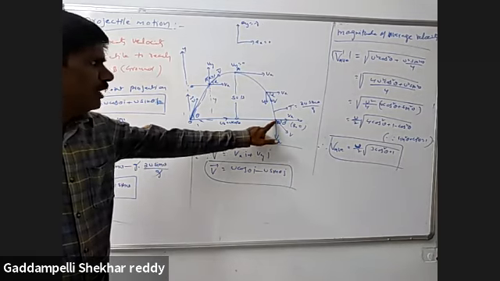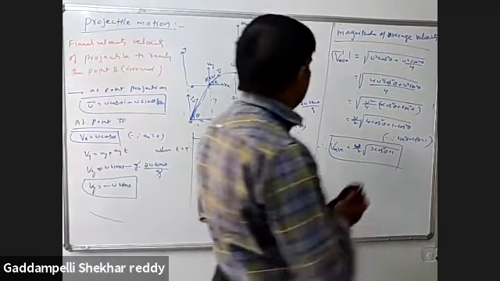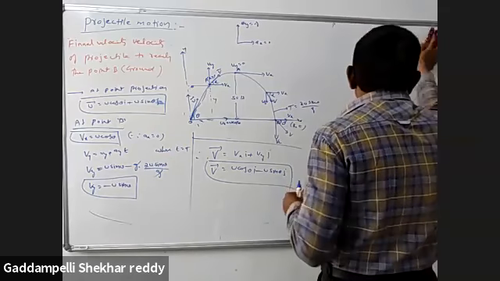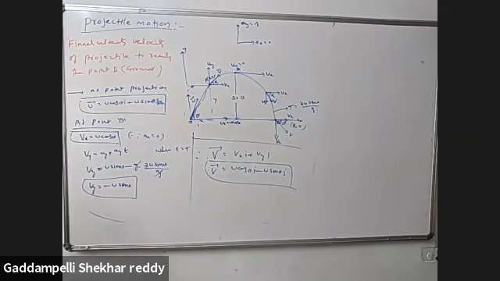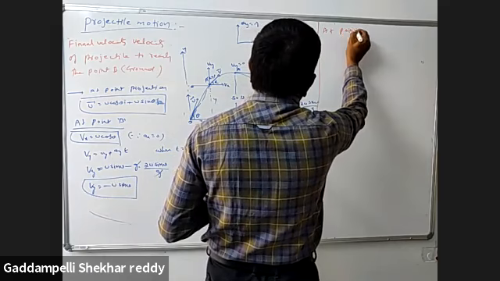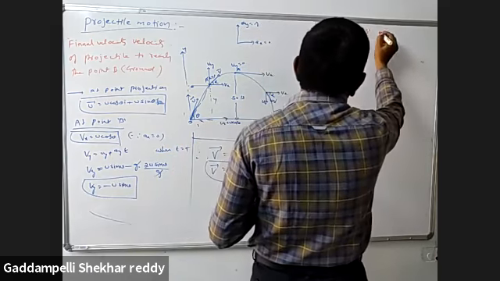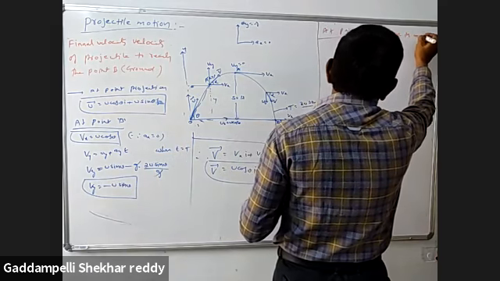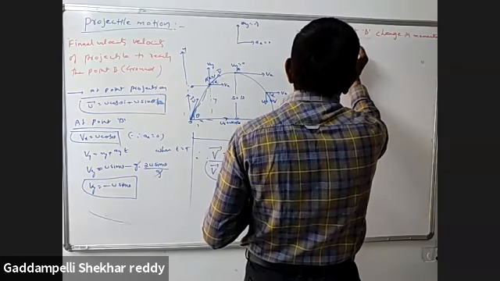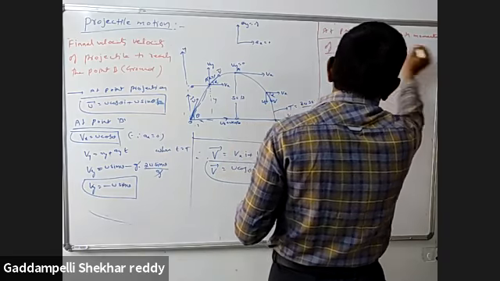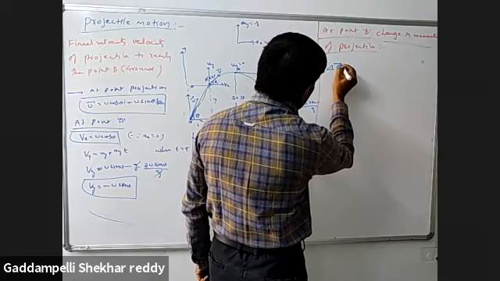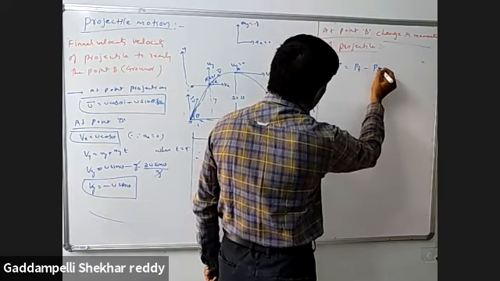So you are asking the change in momentum of the projectile at point B. Change in momentum: delta P bar is equal to P final minus P initial.